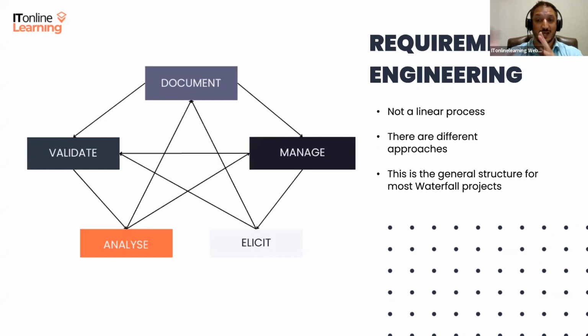So we also have the agile approach to the development of a project, which is a very, very popular approach when it comes to software development. And the process of requirements engineering here is somewhat different. In an agile project, the process of requirements engineering will take place on an ongoing and iterative process throughout the project's life cycle.